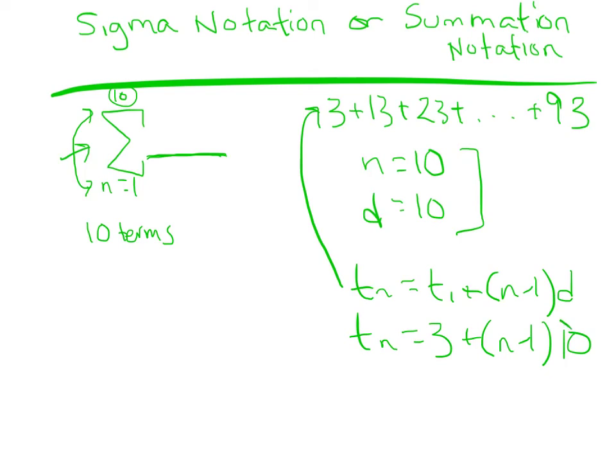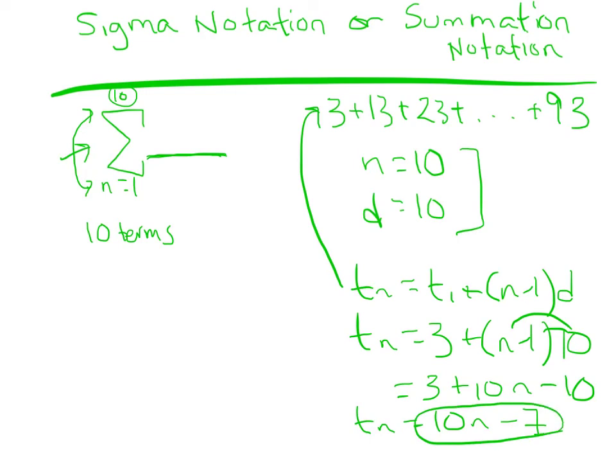And then I would simplify this, so I would distribute my 10 to both terms here, and I'd get 3 plus 10n minus 10. So my formula for t sub n is 10n minus 7. So that's the formula, this part right here, that's going to go right up here.